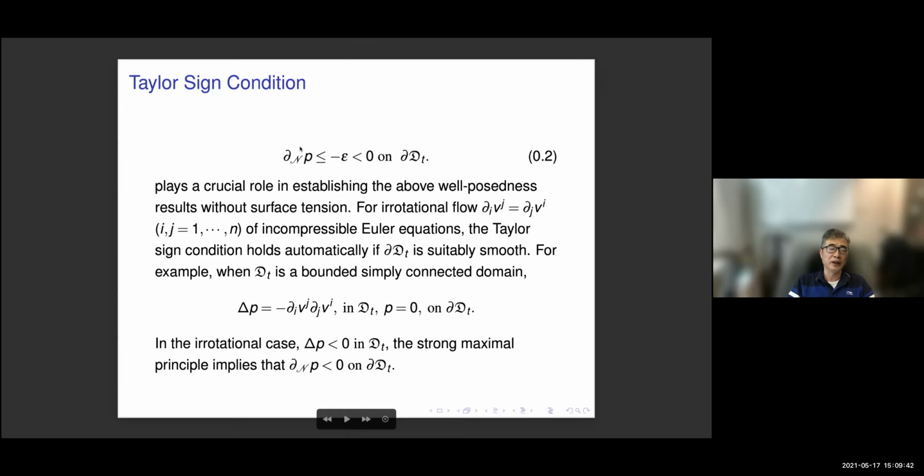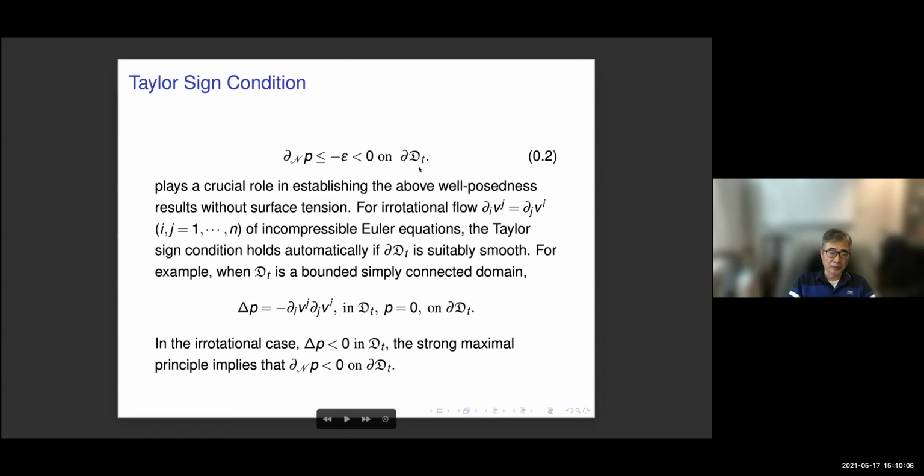This plays an important role in the well-posedness, without surface tension. So let's look at this condition. For example, suppose Omega_t is a bounded domain, simply connected, and for example, for the irrotational flow, that means the vorticity is 0.